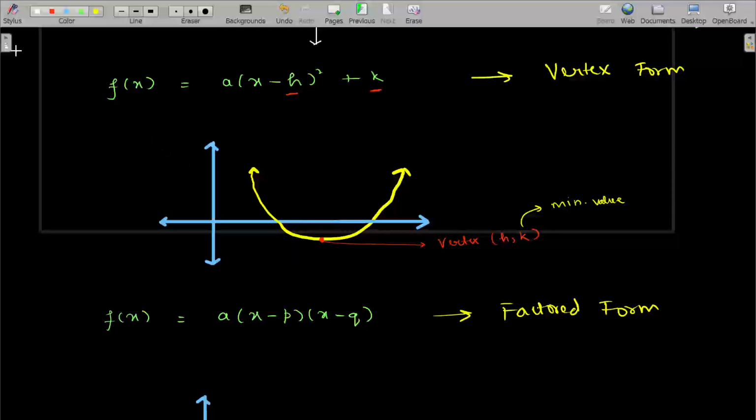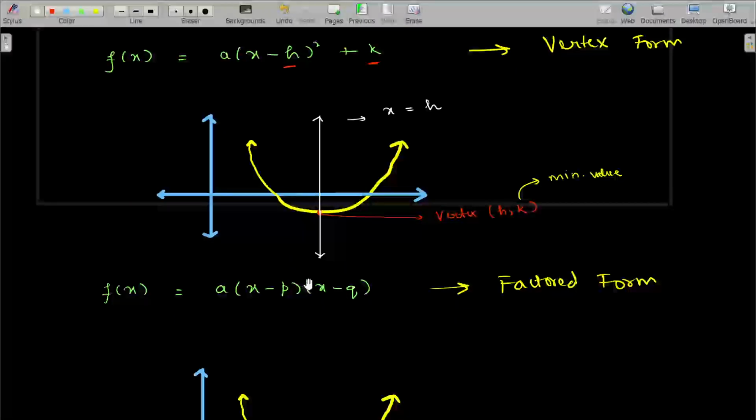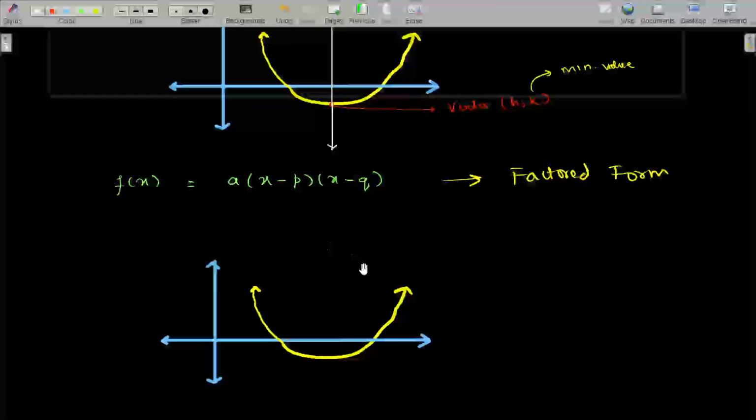And the axis of symmetry will be x equals h. Perfect, x is equal to h. And then the x-intercepts and y-intercepts are found the same way: the roots, and for the y-intercept we put x is equal to 0.